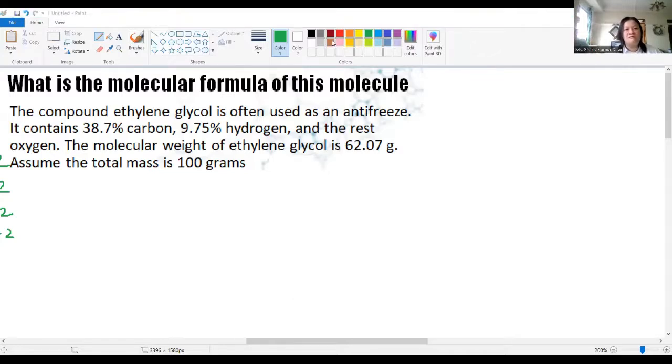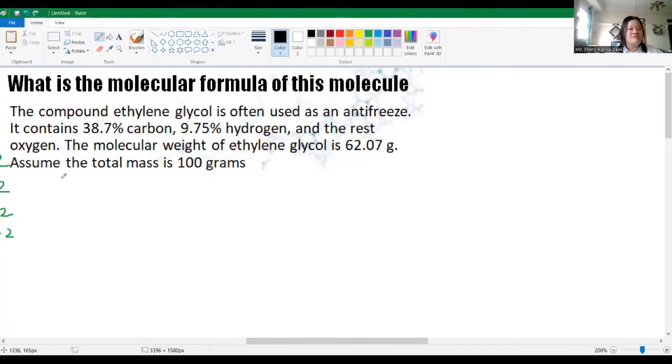So the thing that you need to do is list down like usual: carbon, hydrogen, and the rest is oxygen. So we can write this one is 38.7. Assume the total mass is 100 gram if you don't have it in percentage, so you will get it easier.